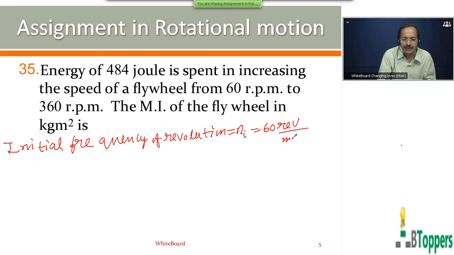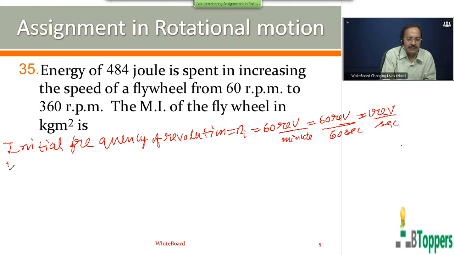RPM is revolutions per minute. So we can take 1 minute equal to 60 seconds. So initial frequency of revolution is 1 revolution per second.